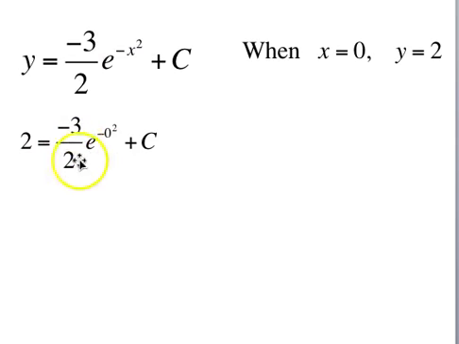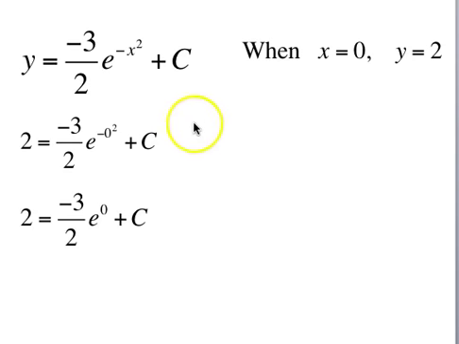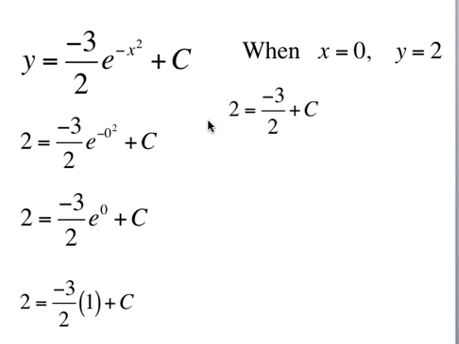So we get 2 equals negative 3/2 e to the negative 0 squared plus c. 0 squared is 0. Negative 0 is 0. So that's relatively easy for us to work with. e to the 0 is just 1. So we get 2 is negative 3/2 plus c. So 2 plus 3/2 is c. 4 plus 3, 7/2 is c.